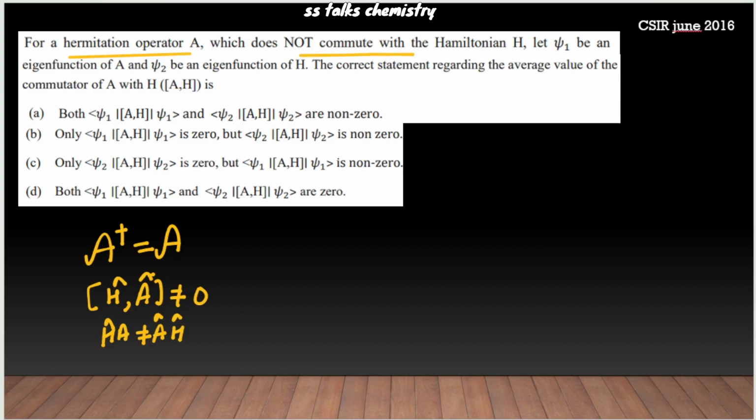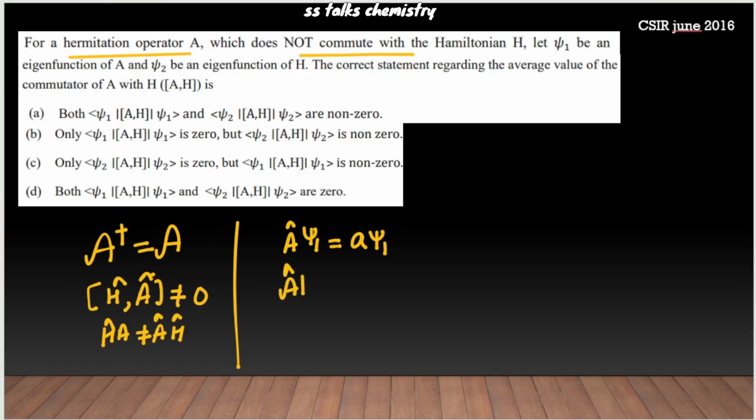Let psi1 be the eigenfunction of A. What does this mean? If the operator A is applied upon the wave function psi1, it is going to give me a constant, which is the eigenvalue of A, times the wave function psi1 as it is. Right? In the bracket notation also you can write it.